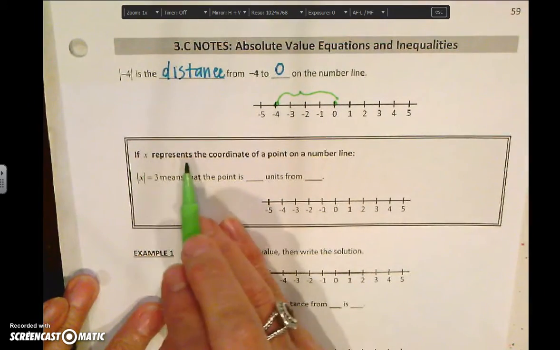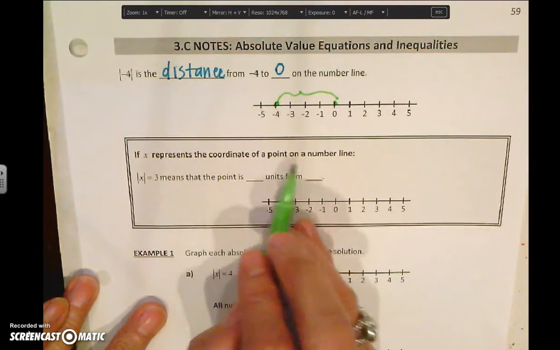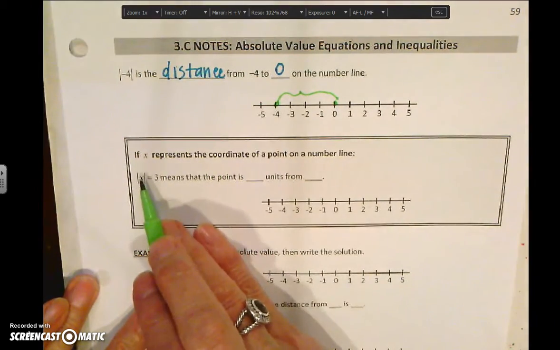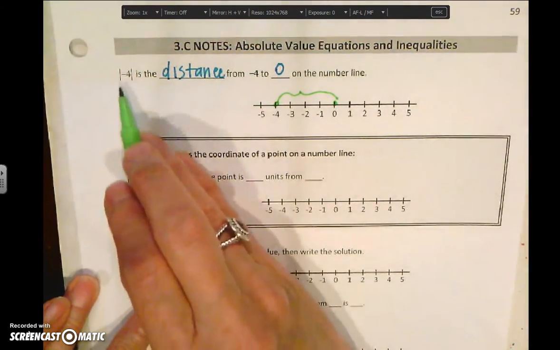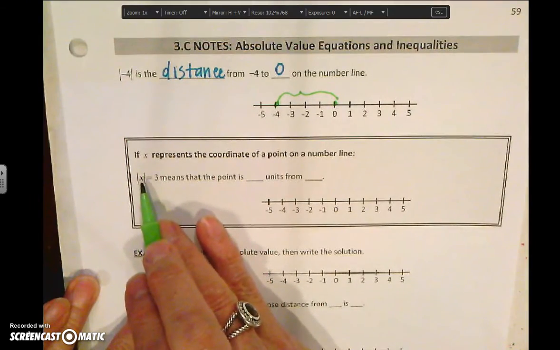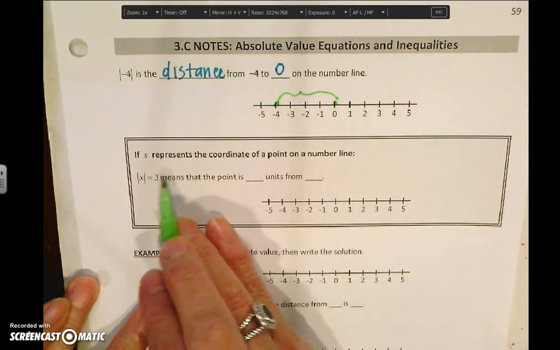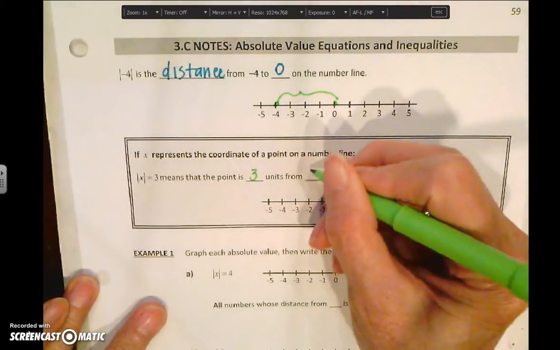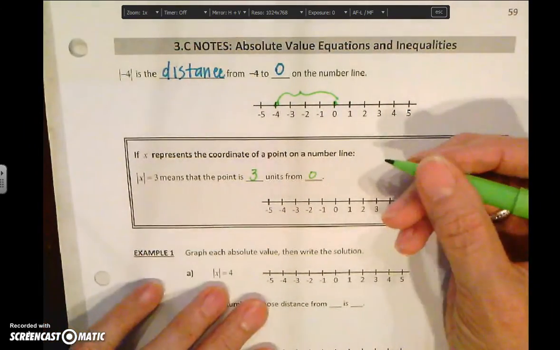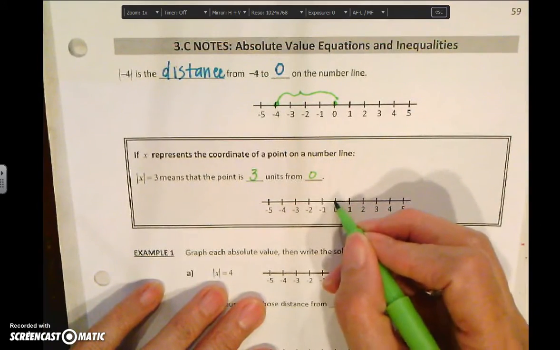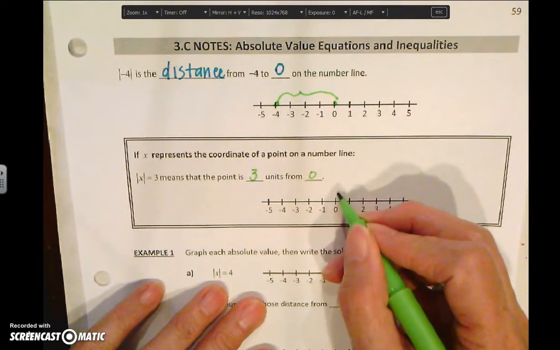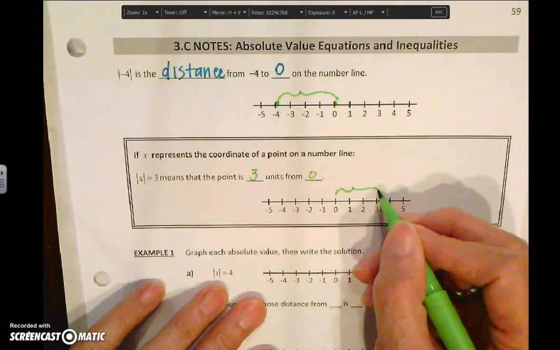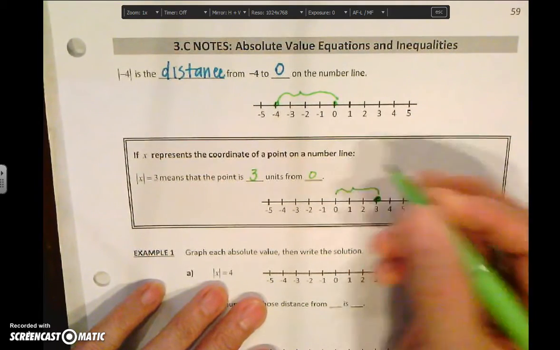So if x represents the coordinate of a point on a number line, the absolute value of x, and this time we don't know what it is, but the absolute value of x equals 3 means that the point is 3 units from 0 on a number line. So here's my 0. It could be, counting over from here, 1, 2, 3, this direction, so it could be 3.